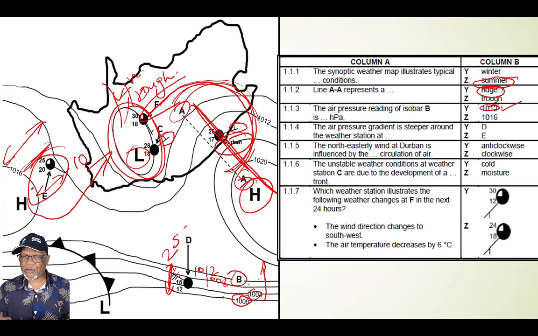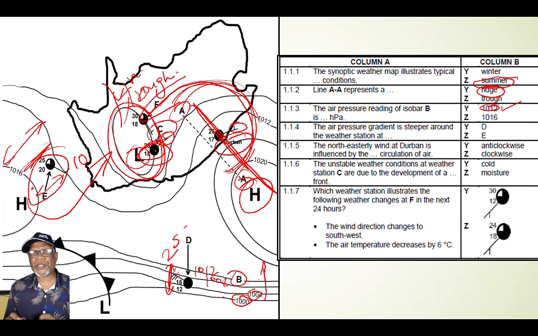Okay, now let's continue here. The unstable weather conditions at weather station C. This is weather station C. Why do we say the weather conditions are unstable? The weather conditions are unstable because you can see clouds here. Clouds are an indication of unstable weather conditions.